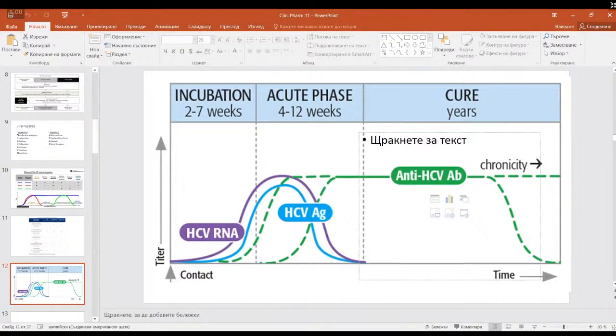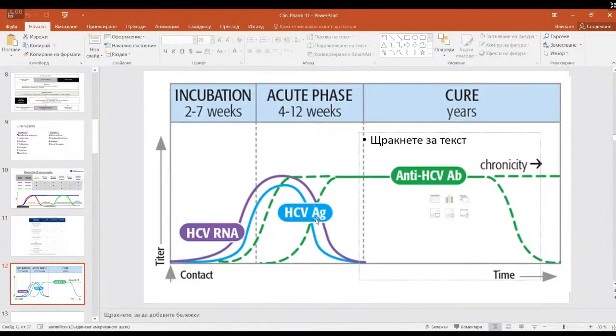This is the serology of the HCV patient. It's a lot easier to interpret. First, we have the HCV virus RNA, which is the sign that the HCV virus is an RNA virus.